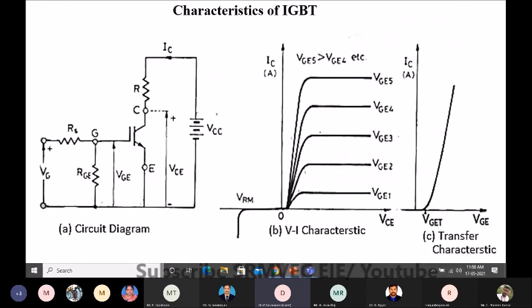Now the characteristic, if you see, this is the transfer characteristic, with the input gate-emitter voltage against the collector current. Above the threshold value, the channel is created, and then the current starts to flow as the charge carriers move through the channel. And here are the VI characteristics of the IGBT.